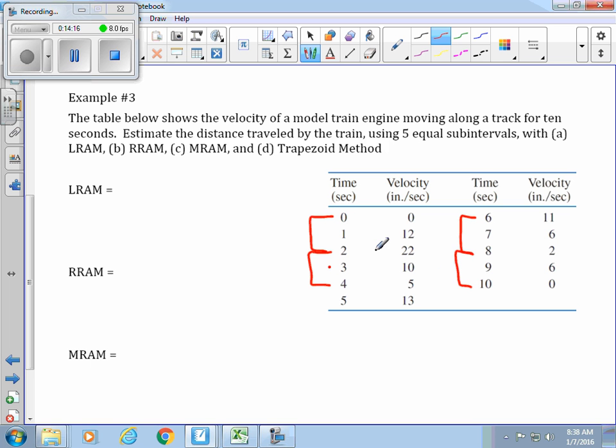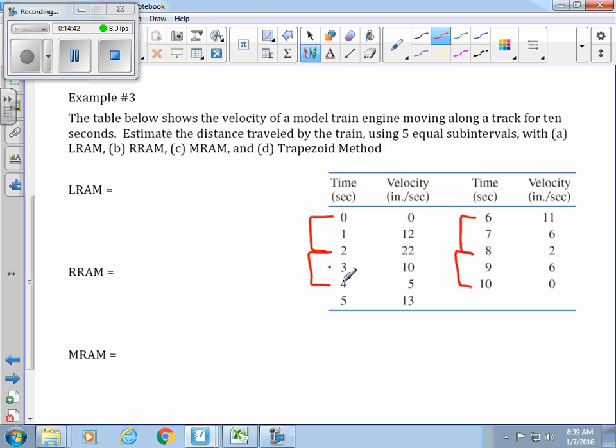They do happen to be equal subintervals. Do we agree we're going up by 2, 2, 2? Check that every time. AP will throw some in that aren't equal subintervals. And do you see, remember earlier I said if you choose, you'll choose equal subintervals? But if they give me a table, I may not have a choice. I may have to use what I'm given.